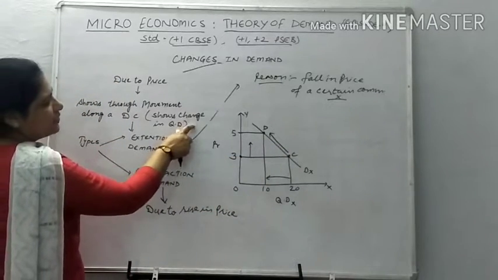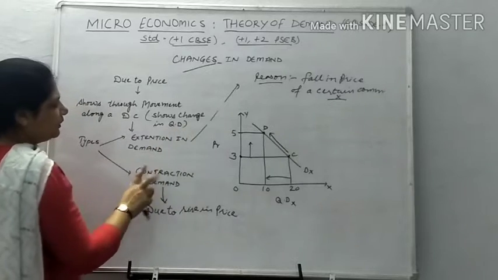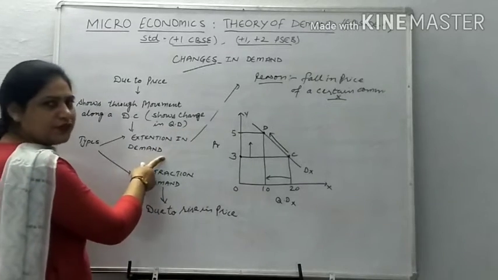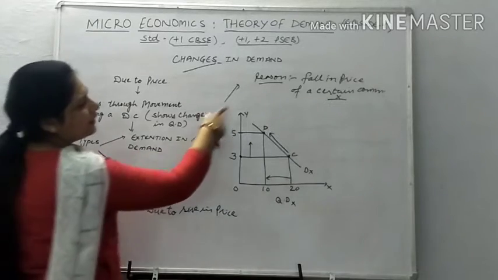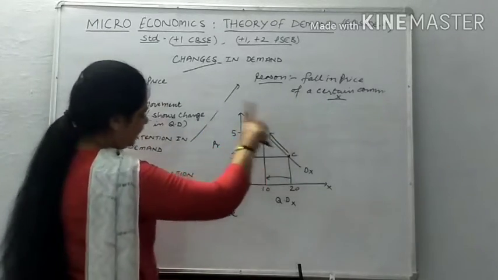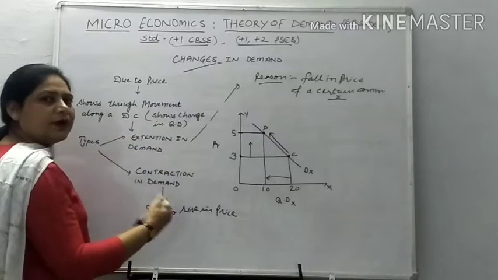This shows change in quantity demanded. It is of two types: extension in demand and contraction in demand. Extension in demand occurs due to fall in price, and contraction due to rise in price.